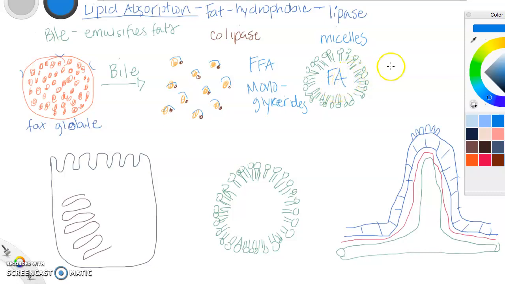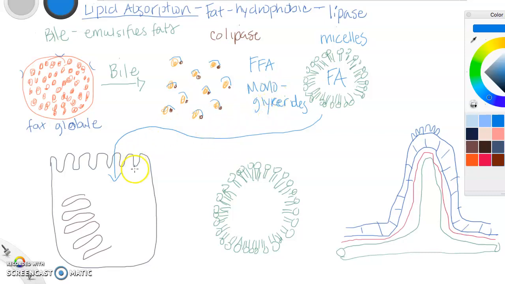Once we get this micelle here, the micelle can then enter the enterocyte because it's a fat, and fats can go through the plasma membrane without any help.